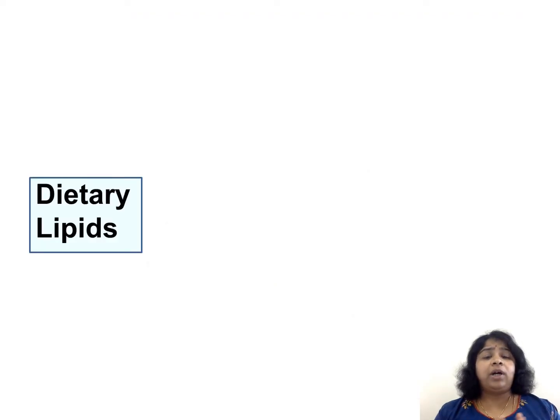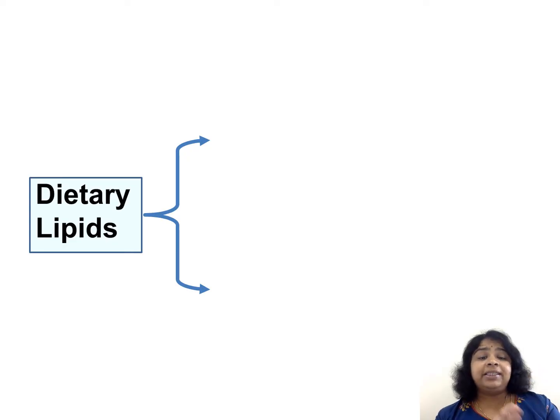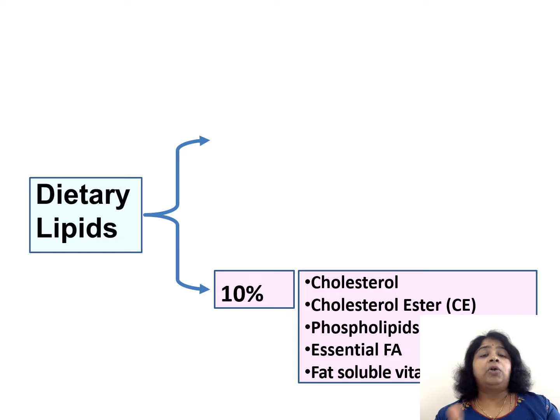If we look at what we are eating, what type of lipids are we consuming? About 10% of what we eat will be cholesterol, cholesterol esters, phospholipids, the essential fatty acids and some fat soluble vitamins.